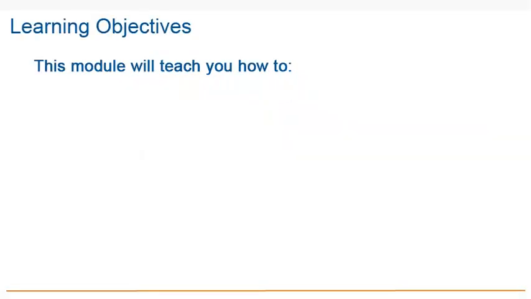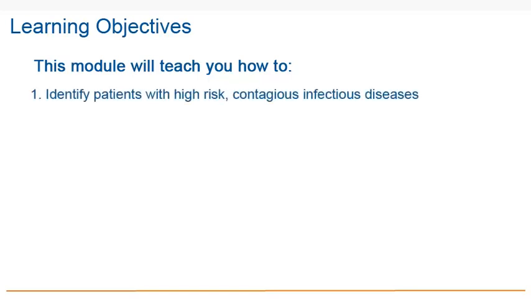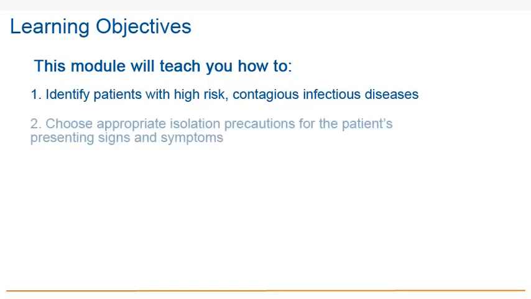There are 4 learning objectives for this module. First, this module will teach you how to identify patients with high risk and contagious infections. Second, it will review how to choose the most appropriate isolation precautions for the patients presenting signs and symptoms, even when you might not know yet what disease they have.